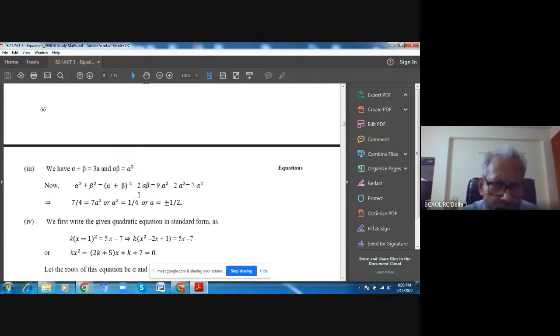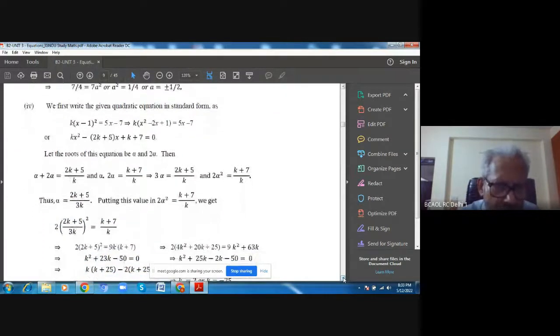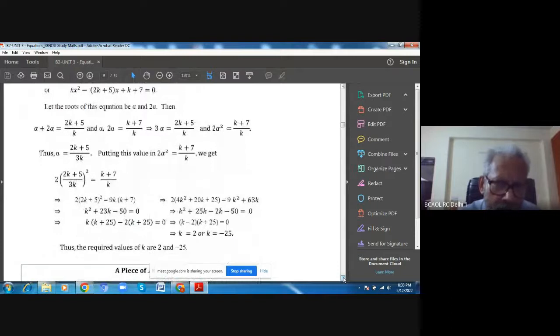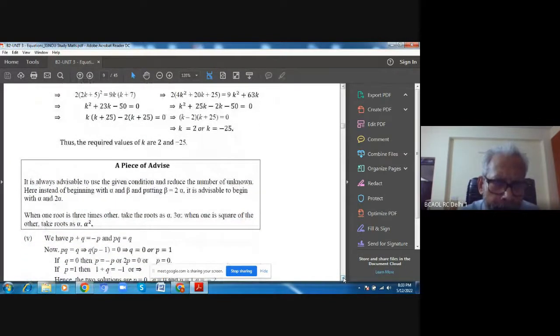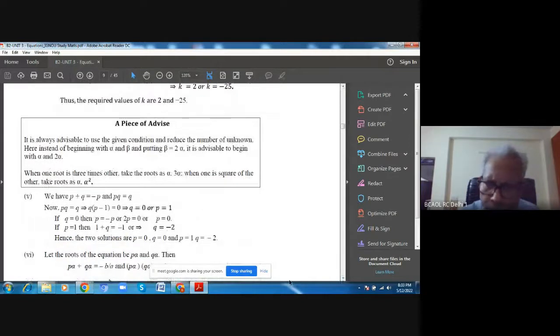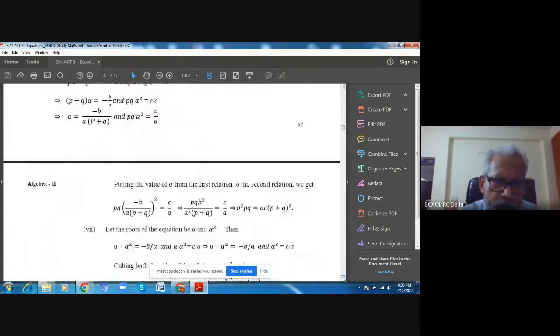So that way it is coming, this is 1 by 4, and same thing. Nothing new. I am just searching whether there are any new things or not. Same thing actually given, almost the same but in a different formation.